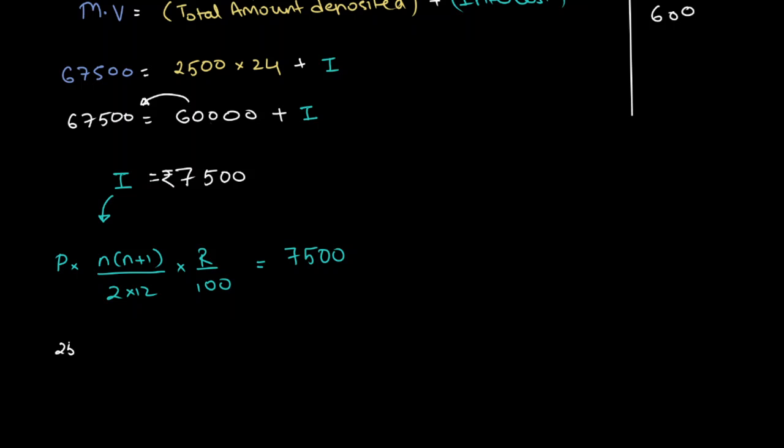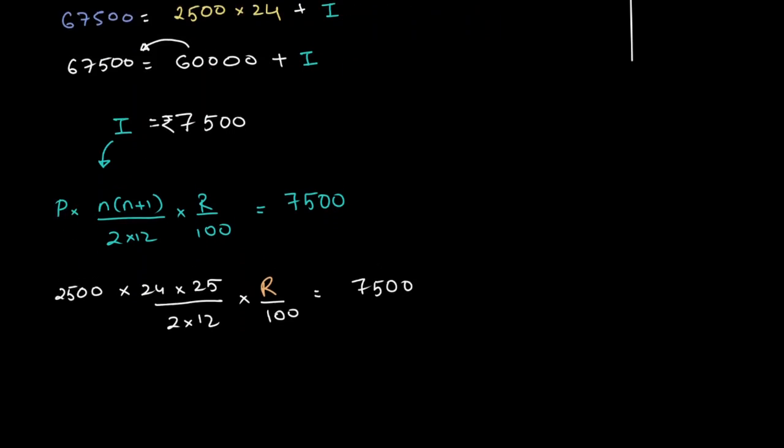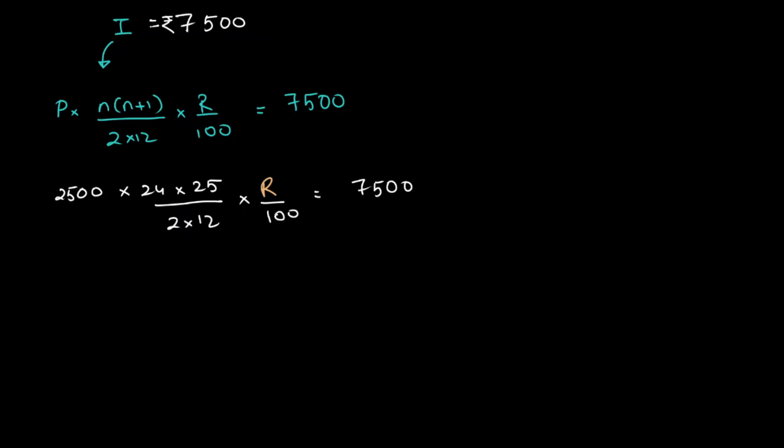P we know is 2,500 rupees. N we know is 24. N plus 1 is 25 upon 2 into 12. The rate of interest we need to find over here. So that's our unknown value. Rate of interest is unknown, so we can take that as R, and entire thing upon 100 is equal to 7,500.